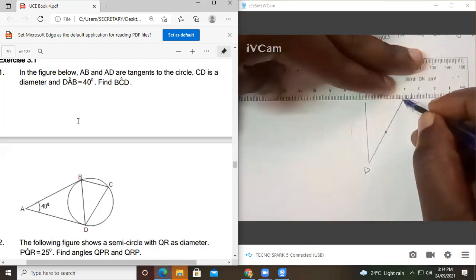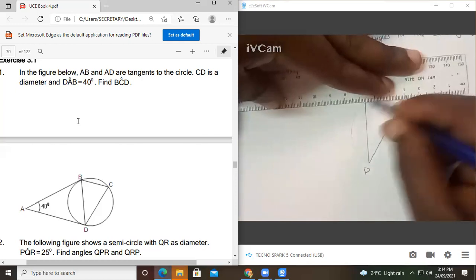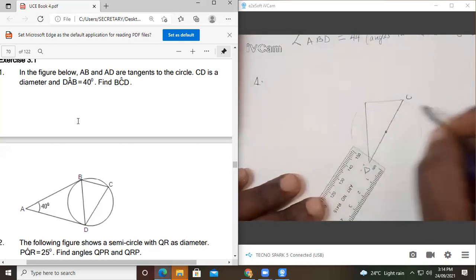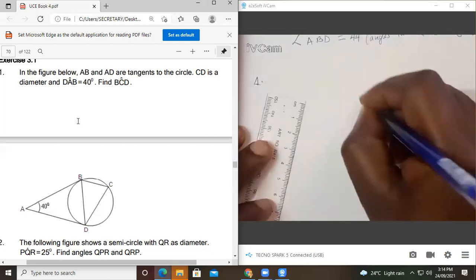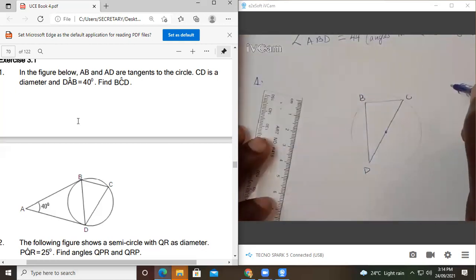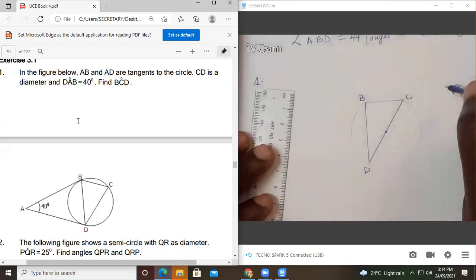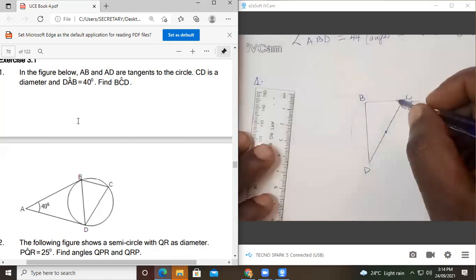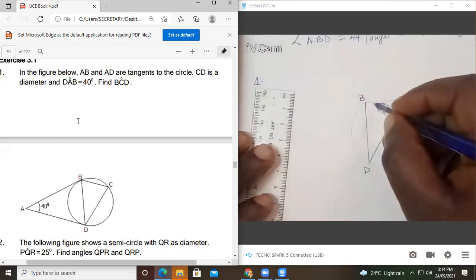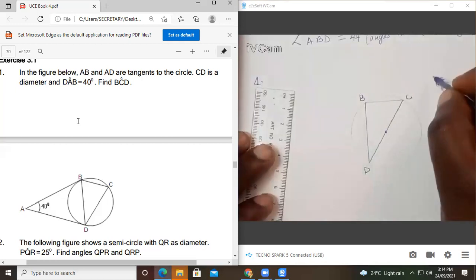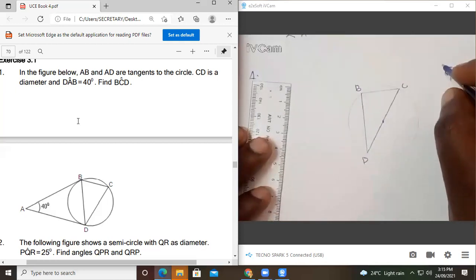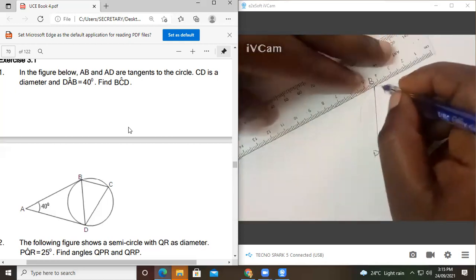So which angle is here? Even I've showed you. The angle which is at B is what? Which angle is at B? 90. 90, because CD is a diameter. Okay, let us proceed.